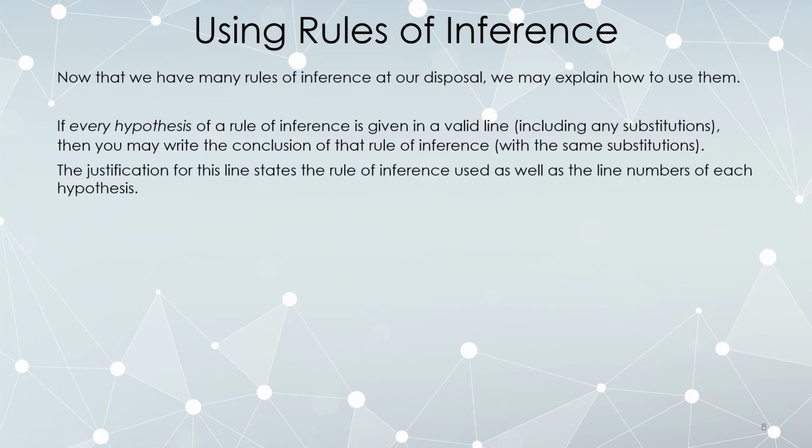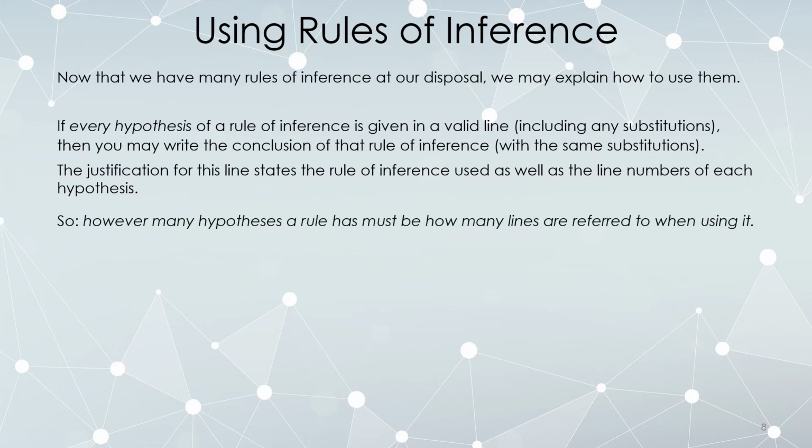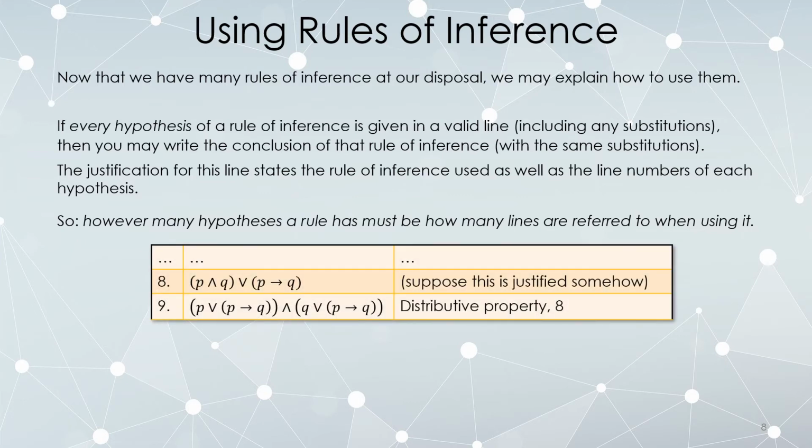The justification for this line, remember every line you write has to be justified. If you're using a rule of inference to put in a new line, you justify it as that rule of inference plus referring by line number to each of the hypotheses that you're using. So if a rule of inference has a certain number of hypotheses, that's exactly how many lines you have to refer to. So let's see an example here.